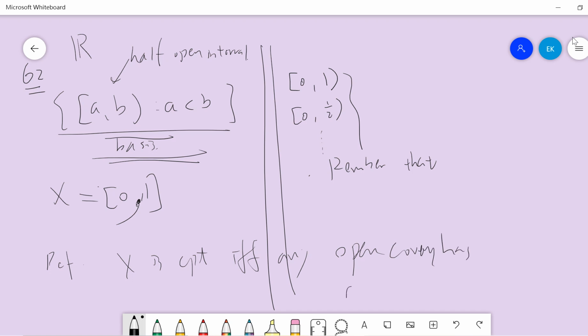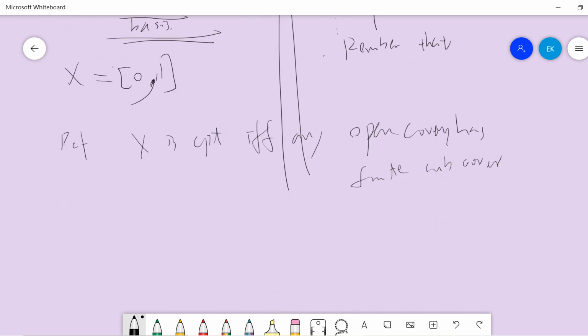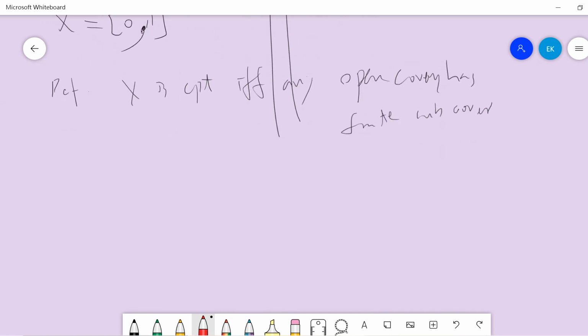We need to go back to the definition: X is compact if any open cover has a finite subcover. So the question is, is [0, 1] compact in this topology? And the answer is no.